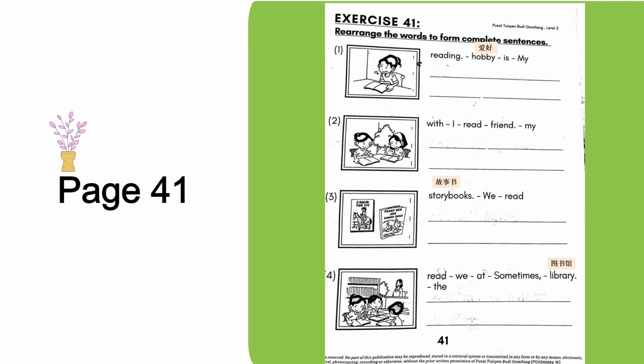Hobby means 爱好. Alright, so what is the sentence? How are you going to write? So 我的爱好是阅读. Can you write on your own? 我的爱好, so my hobby. Subject. Verb is am, is. Okay, is, 然后阅读就是 reading. That's how you write.